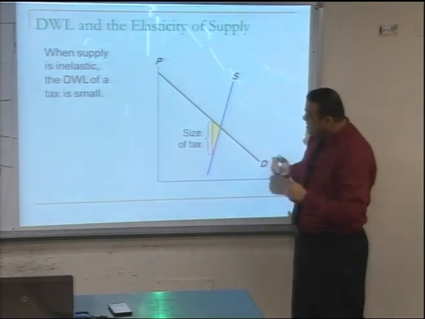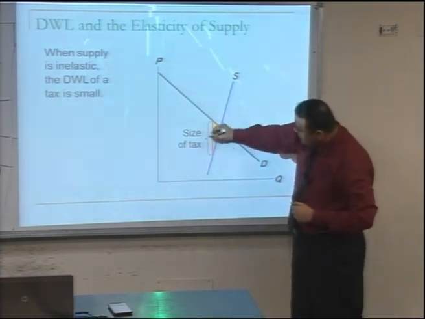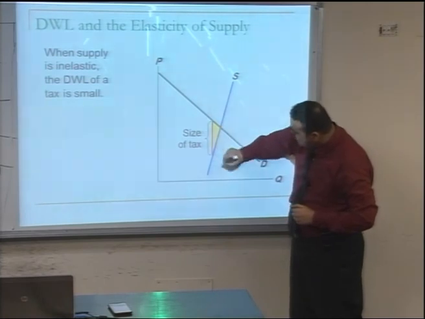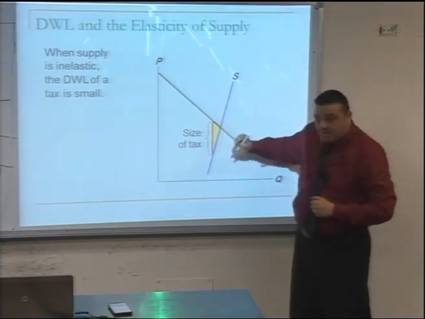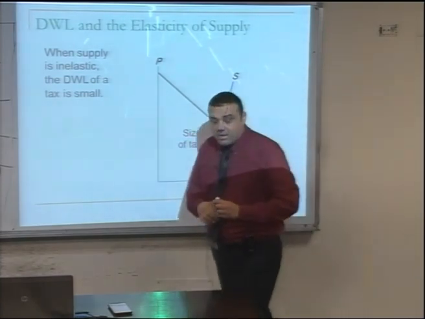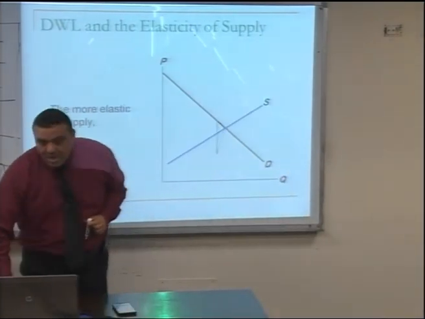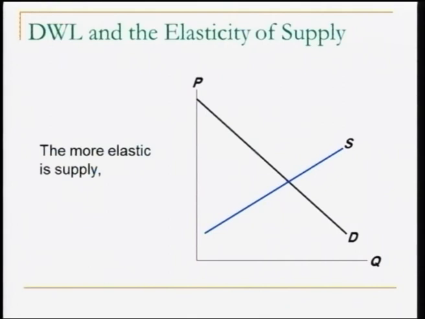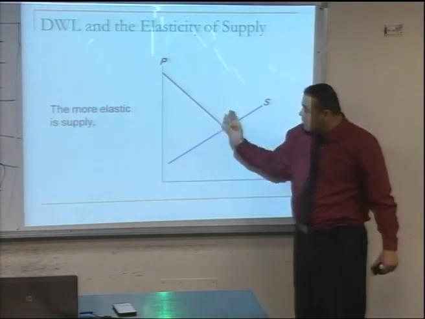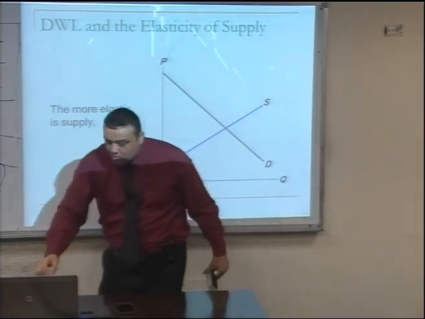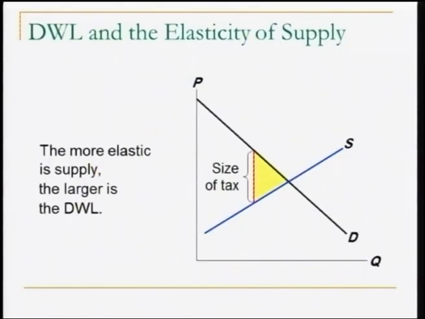How much is the deadweight loss? This is the size of taxes here. How much is the deadweight loss? It can be represented by this area. Okay? Now let us assume that the supply curve becomes elastic and demand remains neutral. Then what has happened to the deadweight loss?